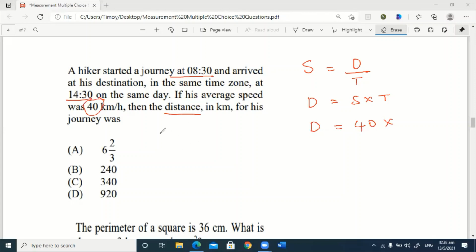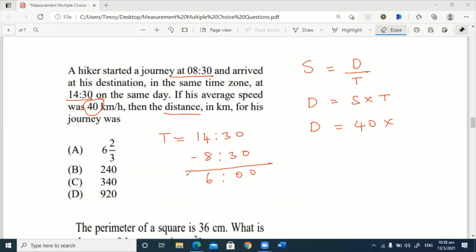The time, which is t, is going to equal the time when he reaches the destination, which is 14:30, subtract the time when he started, which is 8:30. 14 minus 8 is going to leave you with 6.